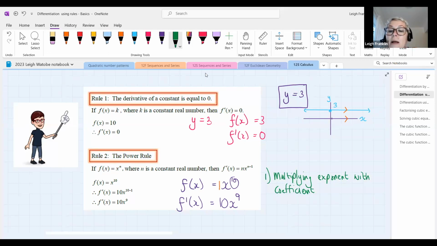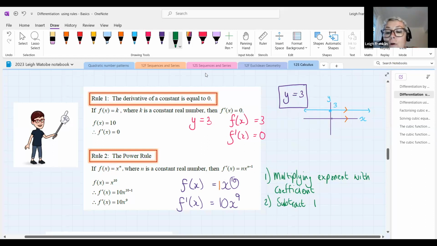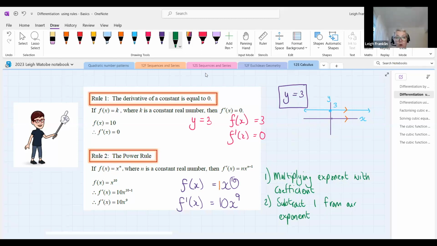After we have multiplied our exponent with our coefficient, we subtract 1 from our exponent. That's the power rule. That's how we determine the derivative. Any questions? And I'm going to move on.